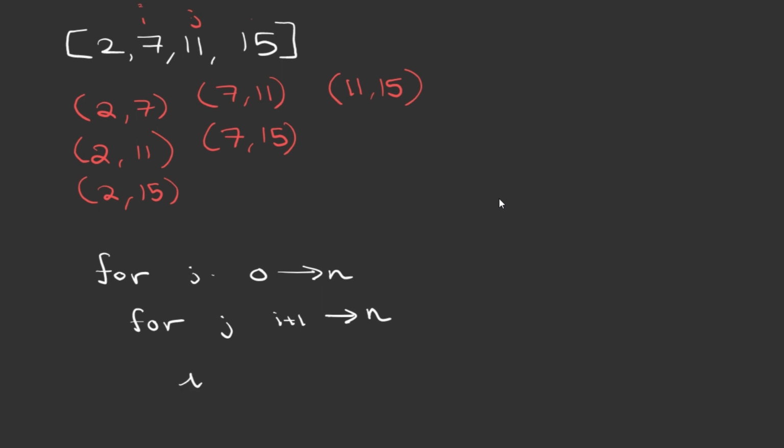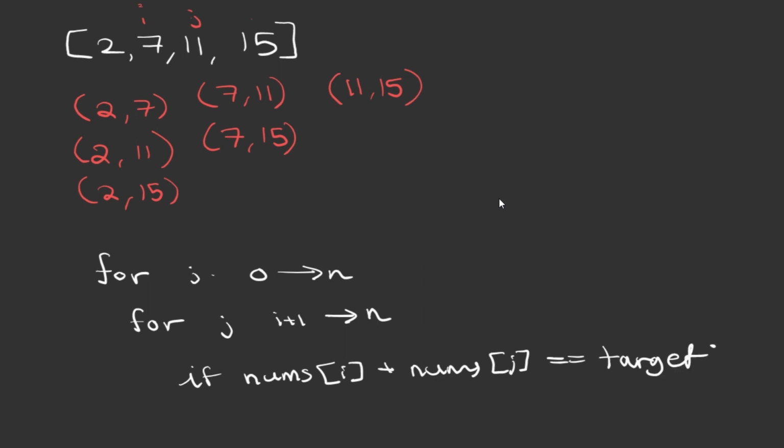We check if nums of i plus nums of j is equal to the target. And if it is, then we can just return i and j. Or we can also return j and i if you'd like.